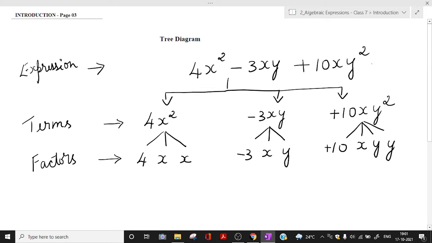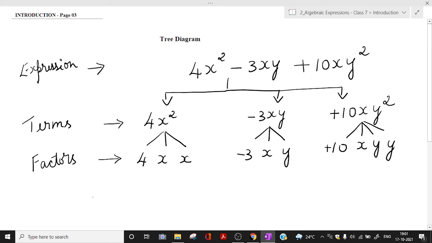As I told you before, an expression is made up of different terms, and it can be two terms, one term, three terms, four terms, five terms, any number of terms. For each term you find the product of its factors, and then you add all those terms.